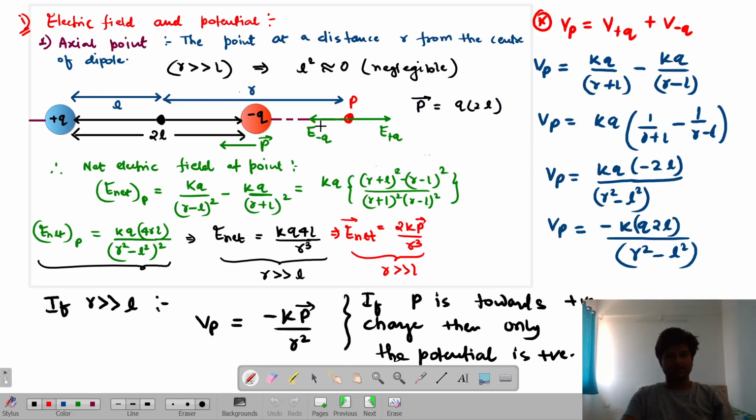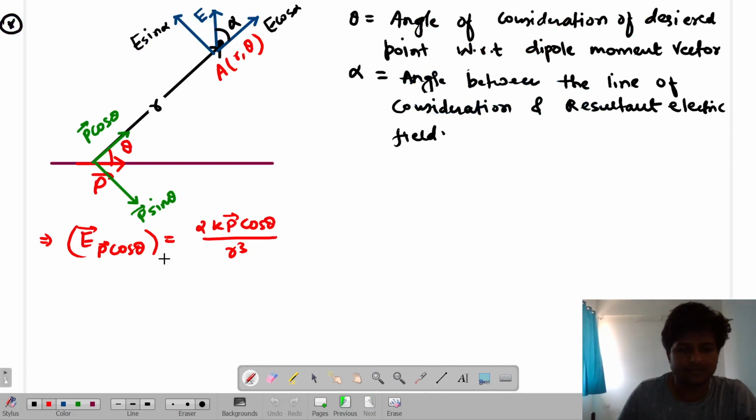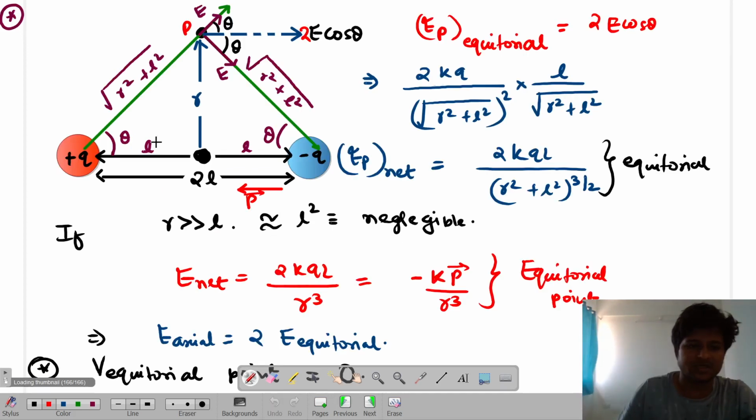We know that this is E cos alpha. This net electric field is how much? E cos alpha. So that E cos alpha will be what? Whatever is my dipole moment towards that side. Are you able to get me? So this is basically equal to E cos alpha, not E. Are you able to get me? Yeah. Similarly, I can write, see, p sin theta, when my dipole moment is equatorial, isn't it?